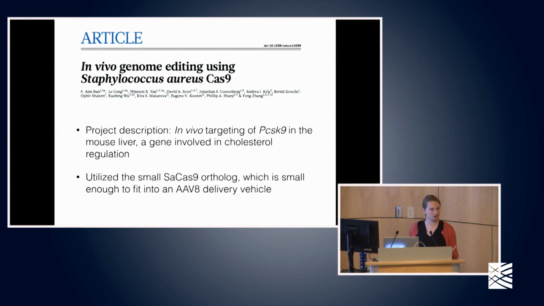And so that's the project goal. Since we're doing in vivo targeting, the authors decided to target with AAV8, and so therefore would require Staphylococcus aureus Cas9, SaCas9. AAV8 also has specific tropism to target the mouse liver.